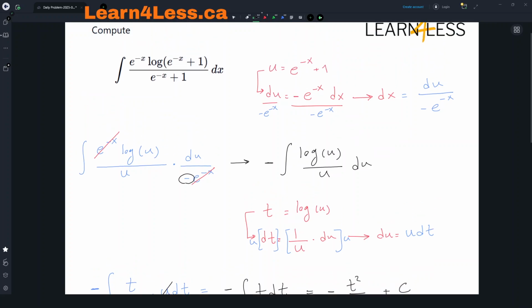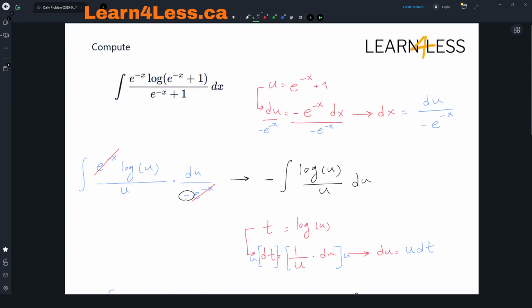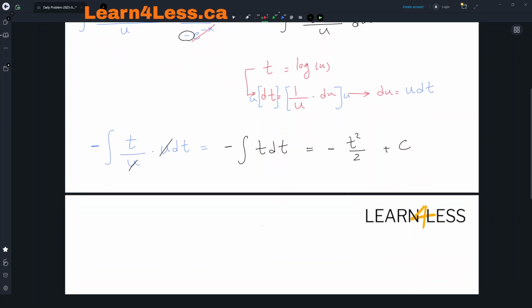But because it's an indefinite integral, we cannot leave this as the final answer. We need to have the final answer in terms of our original variable, which was x. So we need to undo all of our substitutions. The first substitution was t equal to log of u.